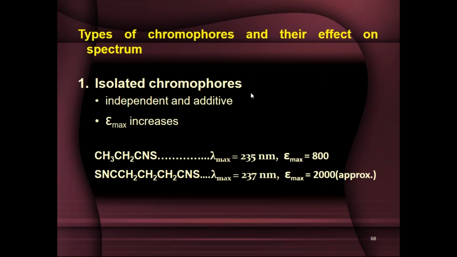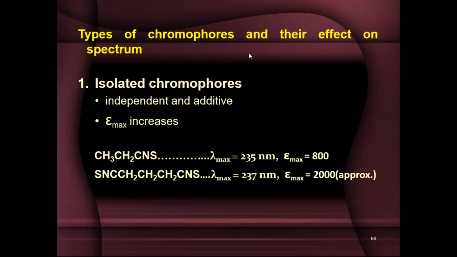So the first type of chromophore is the isolated chromophore. What are isolated chromophores? Now, before we see this, we have seen that a substance is capable of absorbing a given wave region of the electromagnetic spectrum. So you will get a peak for that substance with a lambda max, and the highest point will give you the epsilon max value also.